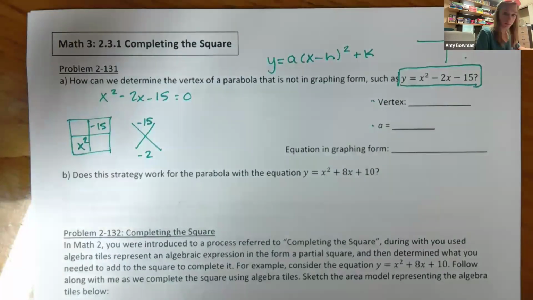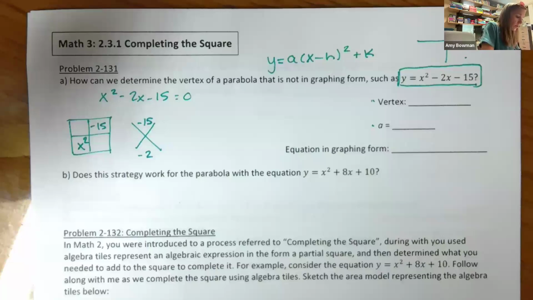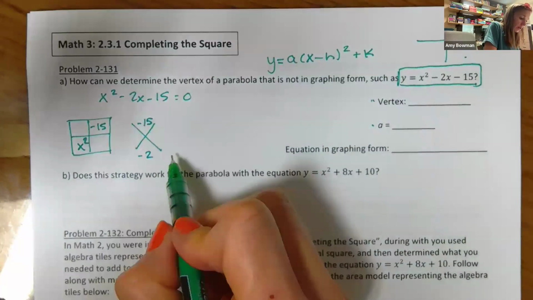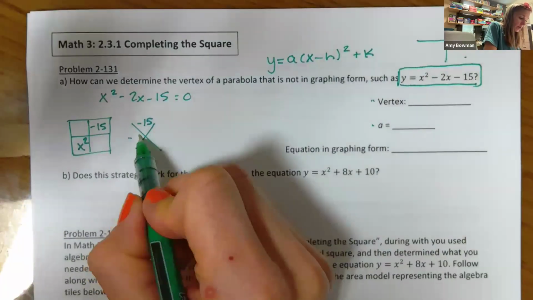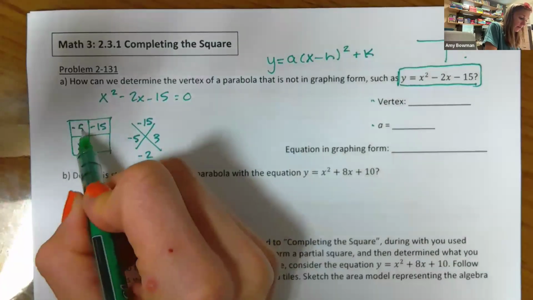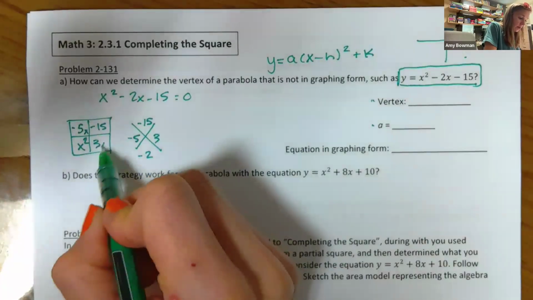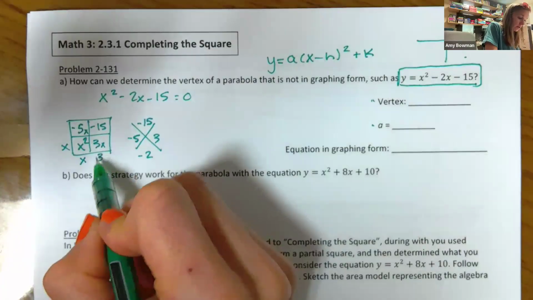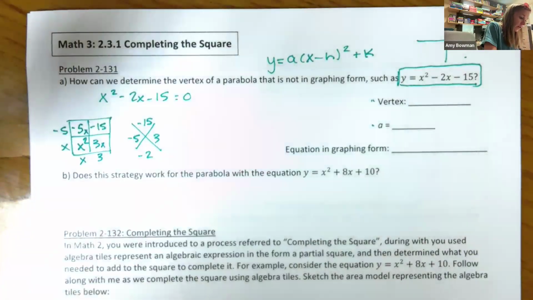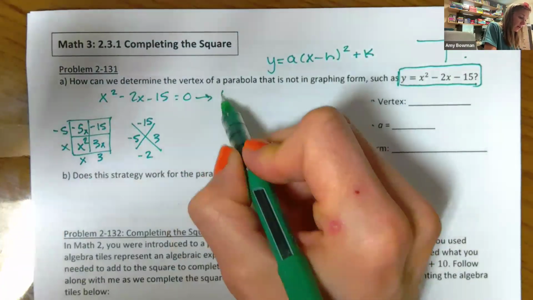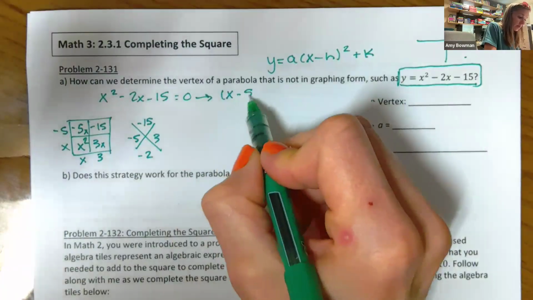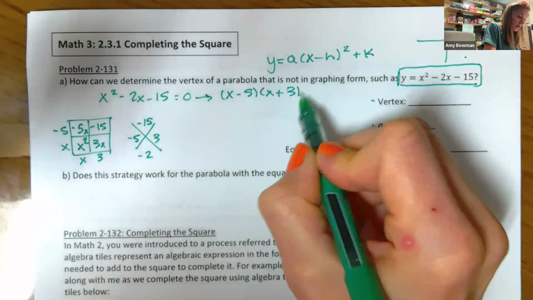That's going to be negative 5 and positive 3. So negative 5x, positive 3x. Once we factor, x minus 5, x plus 3 equals 0.